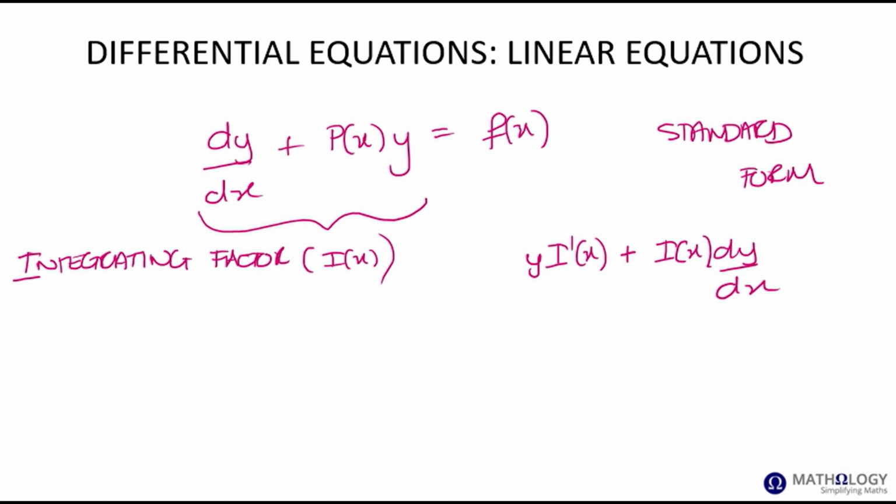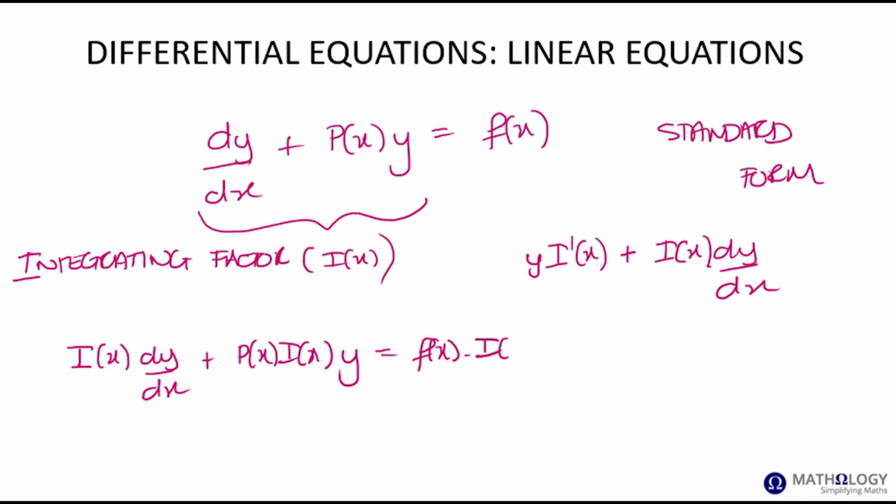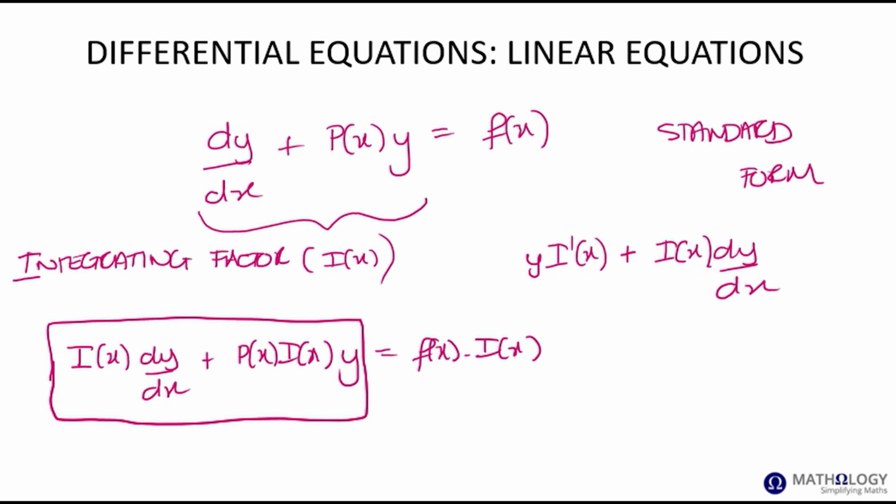Okay, if we multiply every term by this integrating factor, we will have I of x dy/dx plus p of x I of x y equals f of x times I of x. We're not going to look at the right-hand side for now. We're purely looking at the left-hand side and comparing it to this expression.